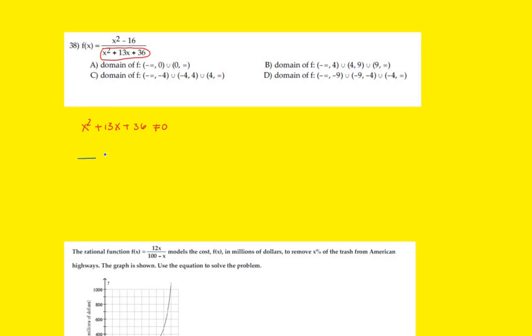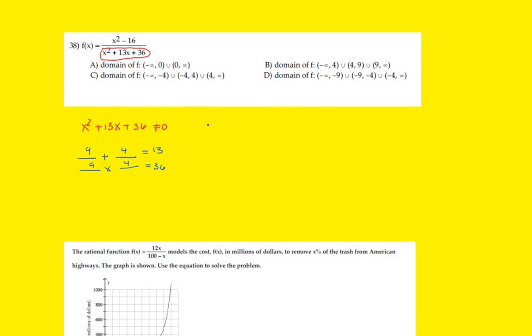We need two numbers that added give you 13, and the same two numbers that multiplied give you 36. We factor this one. It's going to be 9 and 4, right? Because 9 plus 4 is 13, and 9 times 4 is 36.